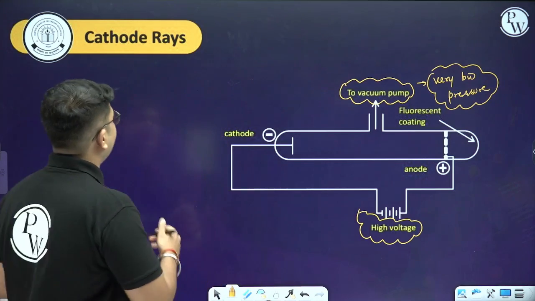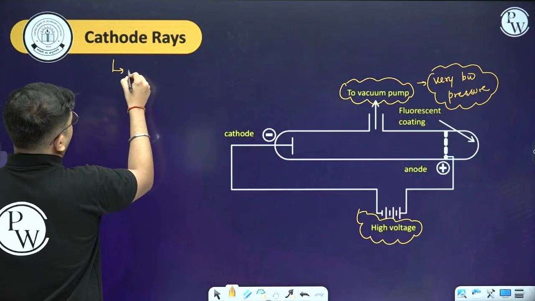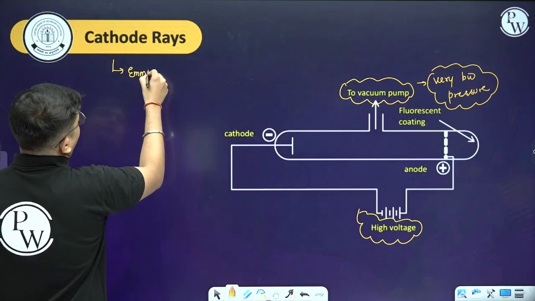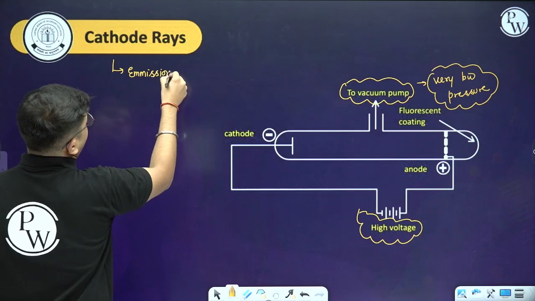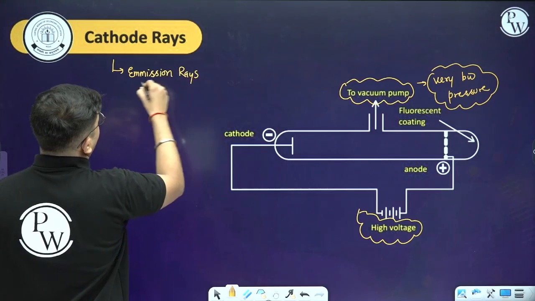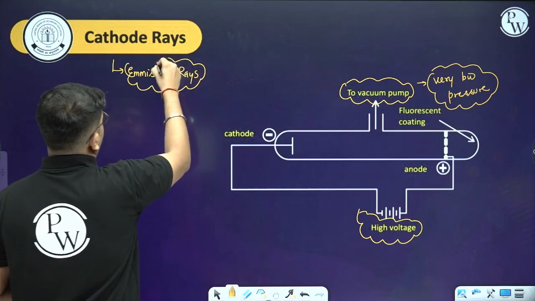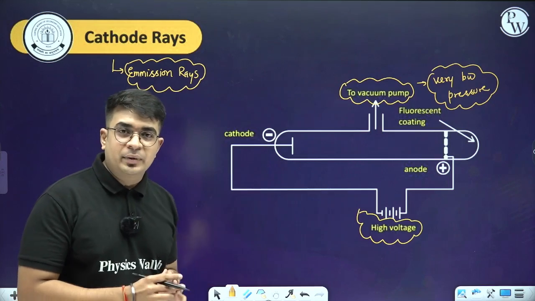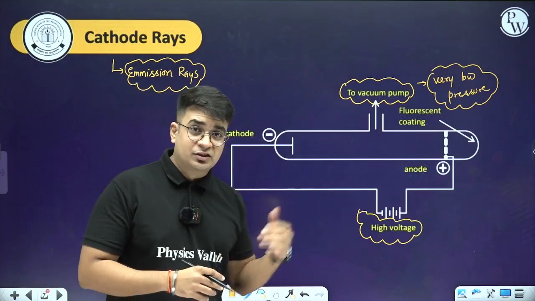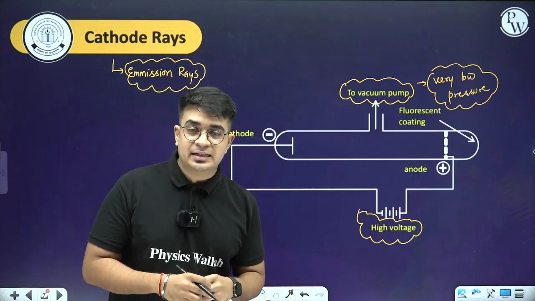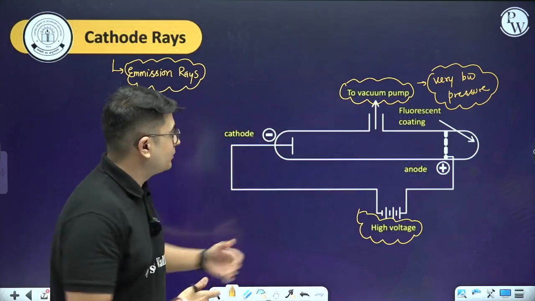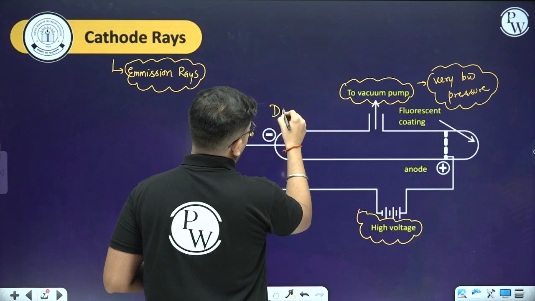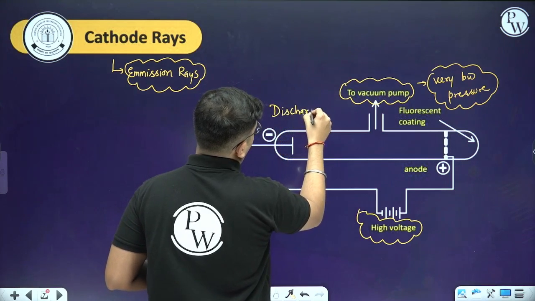So the initial name of cathode rays was emission rays. This entire part is basically because of the discharge of certain particles, so that's why this entire setup was named a discharge tube.